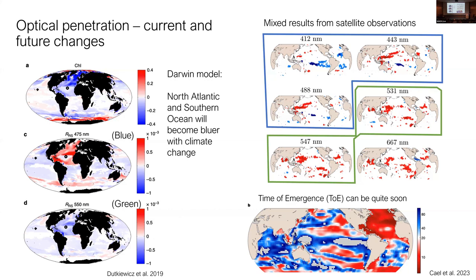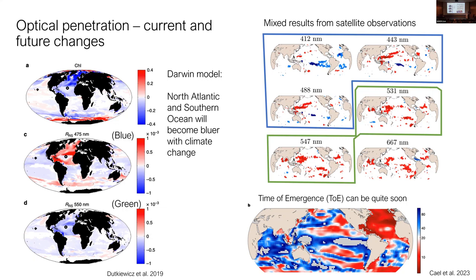So what I have here are just the areas where the signal to noise ratio in the satellite observations is greater than 2. So here are the blue wavelengths and here are the green wavelengths, and what they're suggesting, and I think Stephanie Henson mentioned this yesterday, is that the oceans are going to be greener.